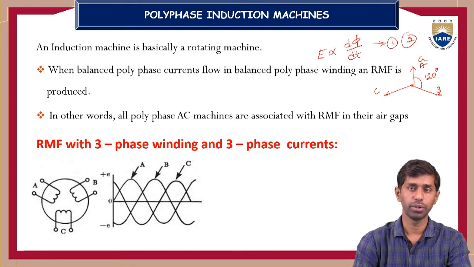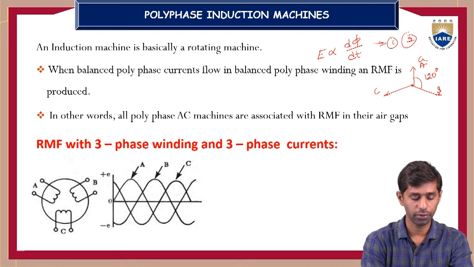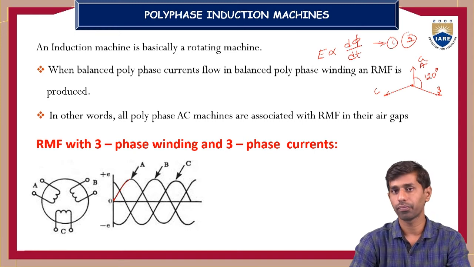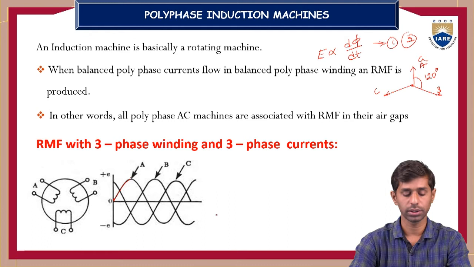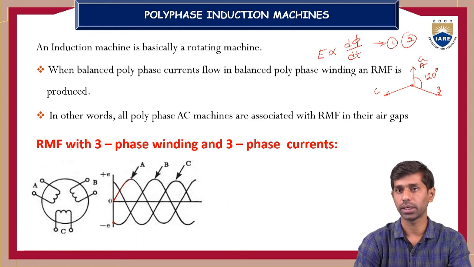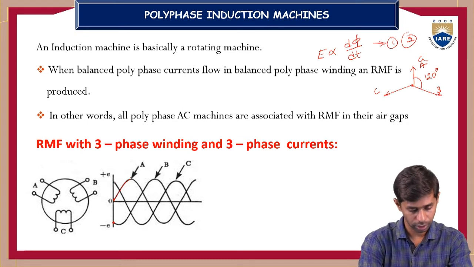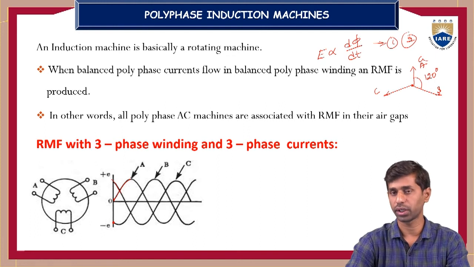Here in this slide, I am showing the respective three-phase sinusoidal waveform. Phase A starts from origin, that is 0, reaches the maximum point and then reaches negative 1. Similarly, B phase is delayed by 120 degrees lagging, and the other one is delayed by 240 degrees.